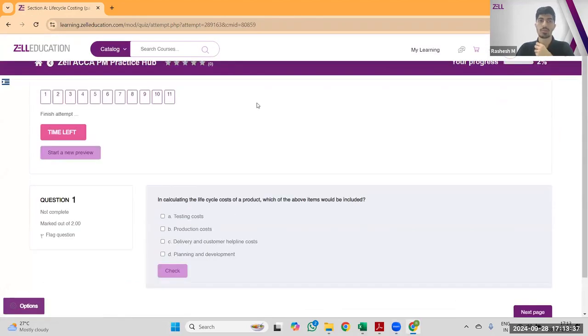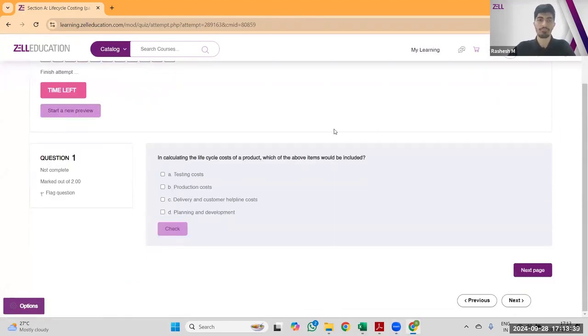All right. So 11 questions, let's try and do 4 or 5. In calculating the life cycle costs of a product, which of the above items should be included? Should we include testing costs?